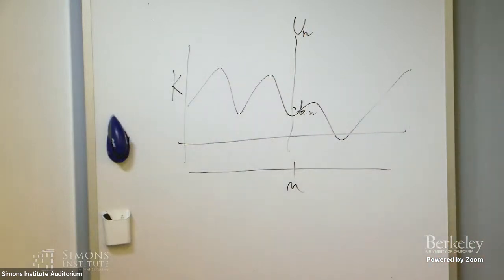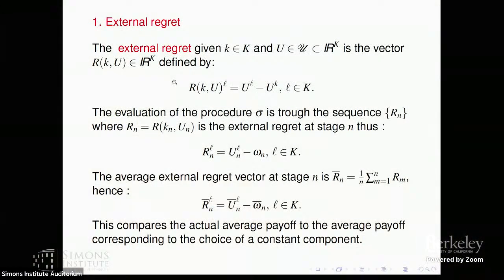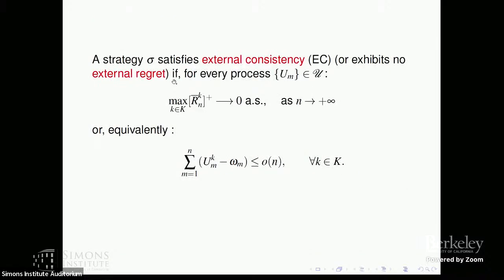So you have a vector here, and you compare the average actual payoff to the average payoff that would be obtained by a constant component. You want to generate a trajectory that will be better than all these constant trajectories. This is the notion of external regret, and we say a strategy satisfies external consistency. So you see, this is a game theoretical framework. I'm speaking about strategy and not algorithm if you have this property.